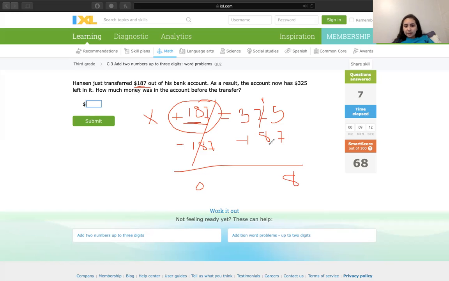But 1 minus 8 is still too much. So you're going to have to make it 10. And we're going to have to take 1 away from here, so it'll become a 2. 10 minus 8, 2. And 2 minus 1, 1. So 128.